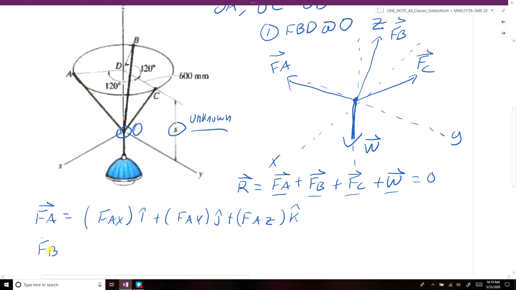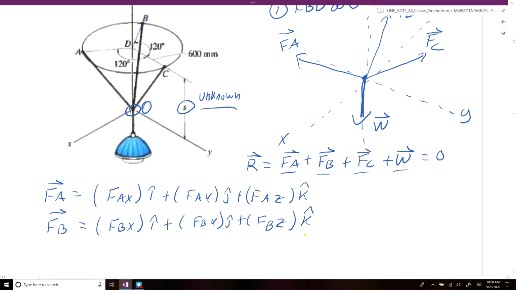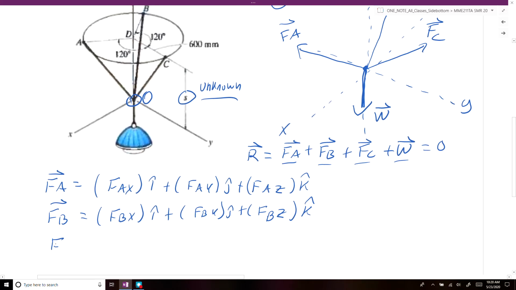In a similar fashion, the force that goes from the origin to point B will have an x component, a y component, and a z component. For FC, since point C lies along the same plane as the y-axis, it will not have an x component. So it'll be equal to 0 in x plus FCY j plus FCZ k.